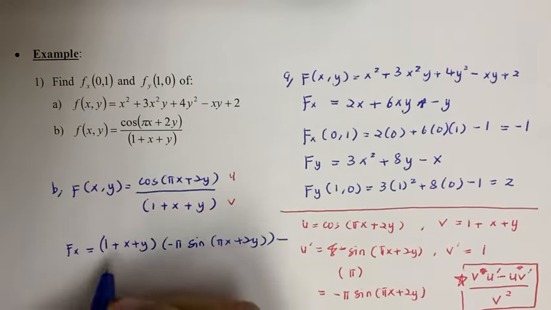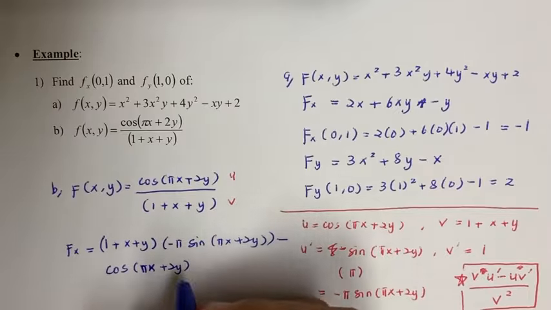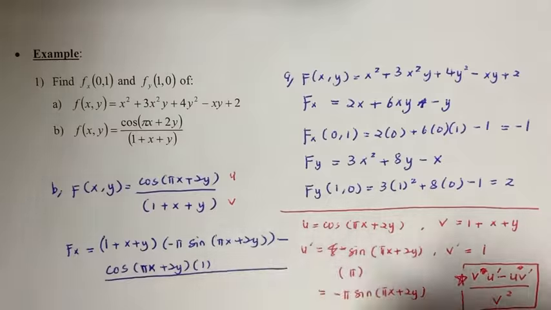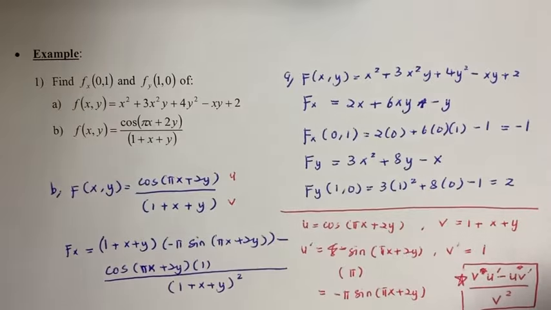U is cos(pi x plus 2y) multiplied by v prime, which is equal to 1, divided by v square. V square is (1 plus x plus y) square. So simplify this.